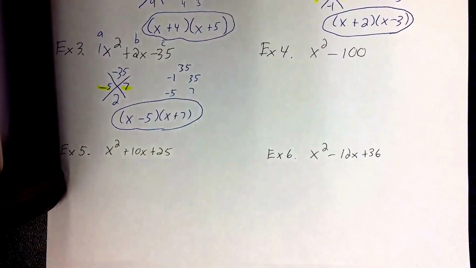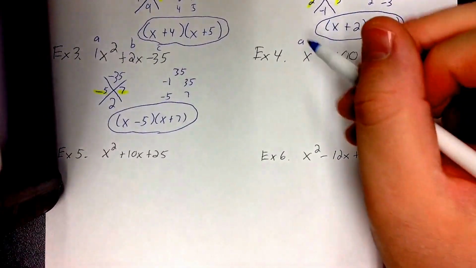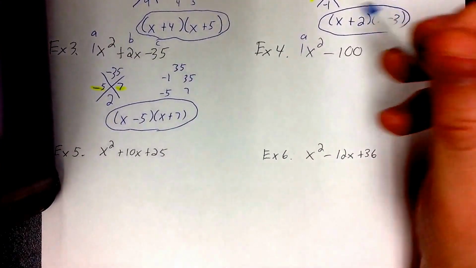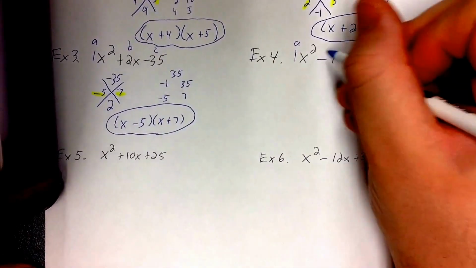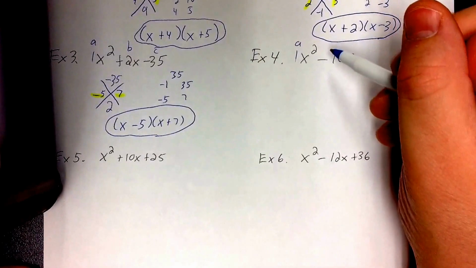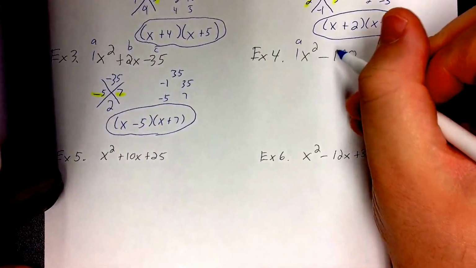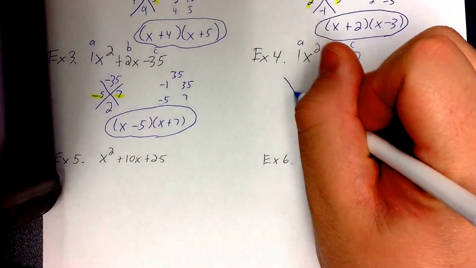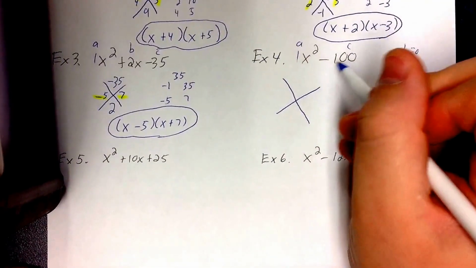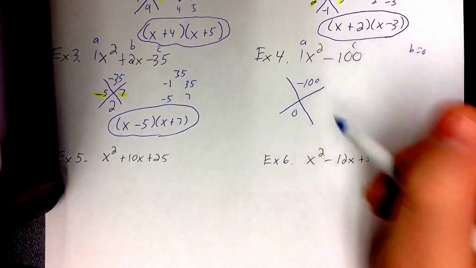Example 4. Again, x squared minus 100. A is the number in front of x squared, so that's 1. Now, B is the number in front of x. Well, there is no middle term here. There's no middle term with the x. So B, in this case, is actually 0, and C is negative 100. So my diamond, A times C, so that'd be negative 100, and B is 0.